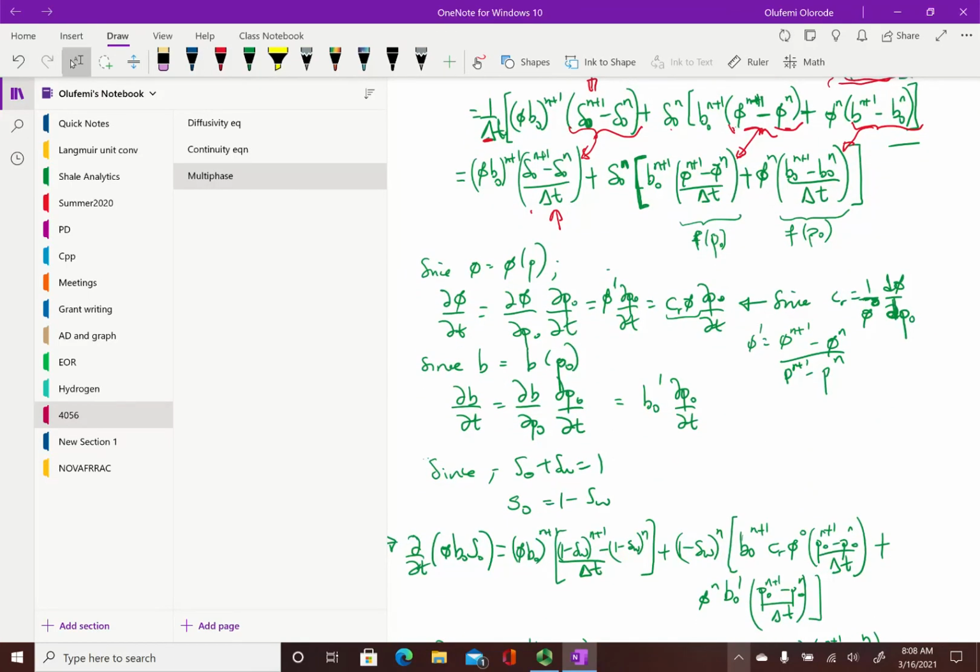Now we can work on these two terms. So this is basically dphi/dt, right? This is dphi/dt. This is dB/dt. And as you can see, they are both functions of pressure. And this is a function of pressure through compressibility.